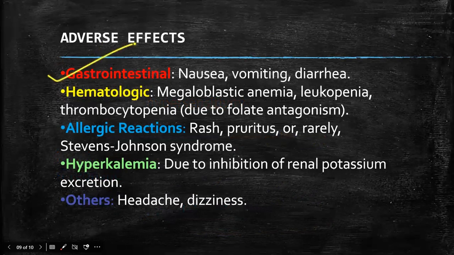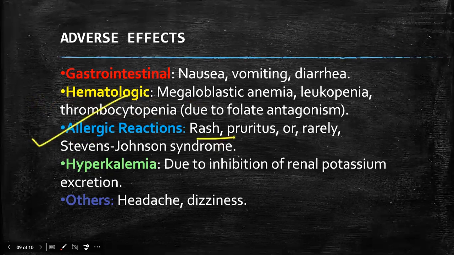Adverse effects: GIT disturbance like nausea, vomiting, and diarrhea. These are the general adverse effects. Hematologic effects: megaloblastic anemia, due to the deficiency of folate. Leukopenia, thrombocytopenia, meaning low platelet count in that case, and you can check it with the help of a CBC report.